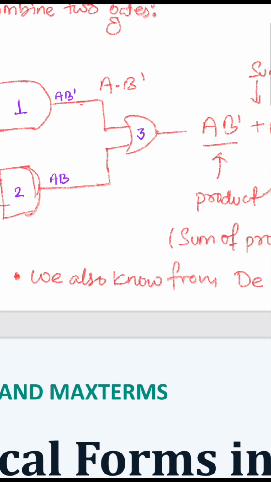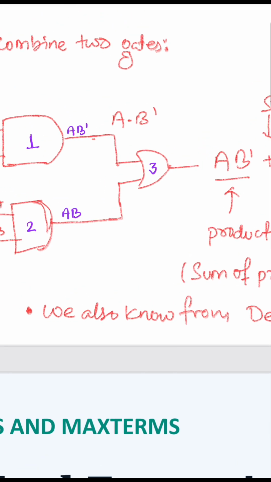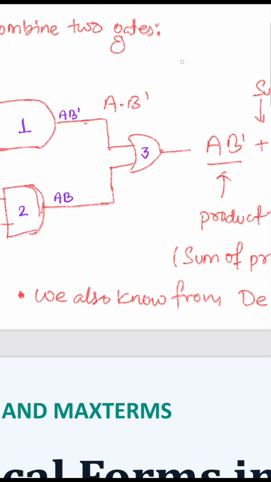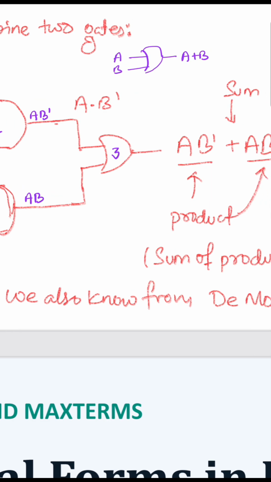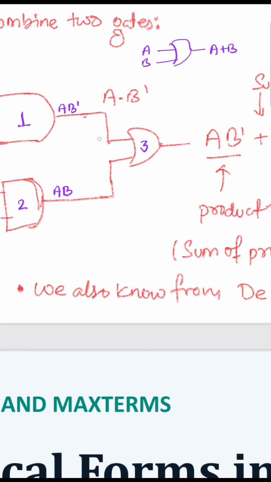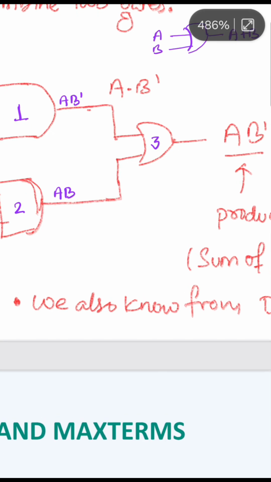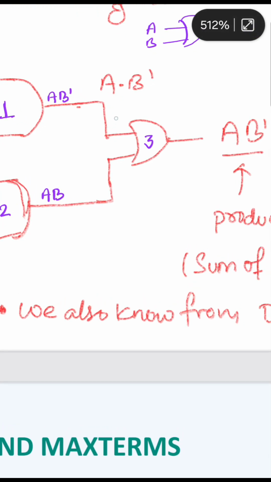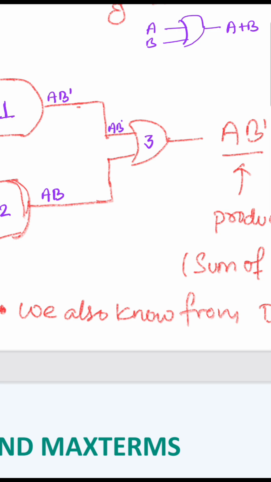Okay, now we know what the OR gate does. If this is one OR gate, if the inputs are A and B, the output would be A plus B. Okay, but here we can clearly see that one of the input to the OR gate is A B complement.